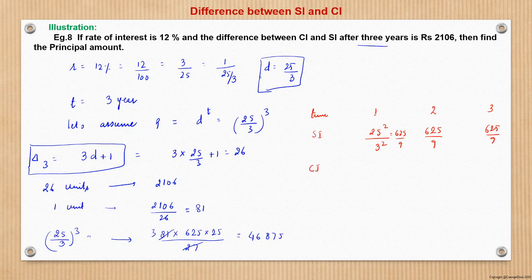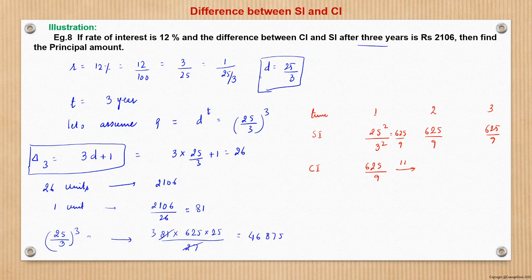Now CI. CI will be 625 upon 9. First year it remains the same. Second year what will happen? Second year this will increase by 1 plus R. R is 3 by 25, so that becomes 28 by 25 times of this. Right. So 625 by 9 into 28 upon 25.